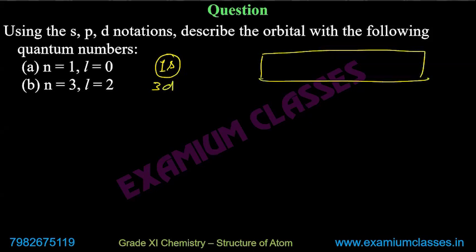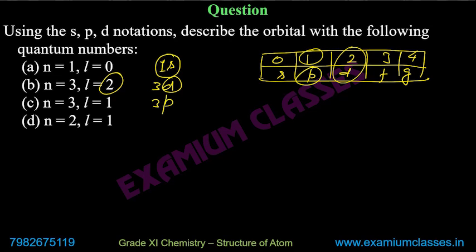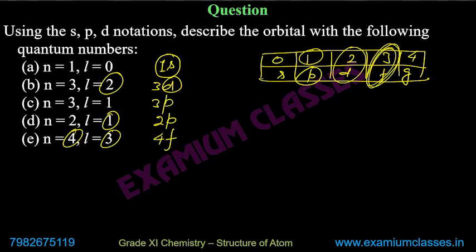Write the numbers and corresponding letters: 0, 1, 2, 3, 4 are s, p, d, f. 3 and l equals 1, so it will be 3p. l equals 1 means p. 2p: 1 means p. 4f: 3 means f. 4d: 2 means d.